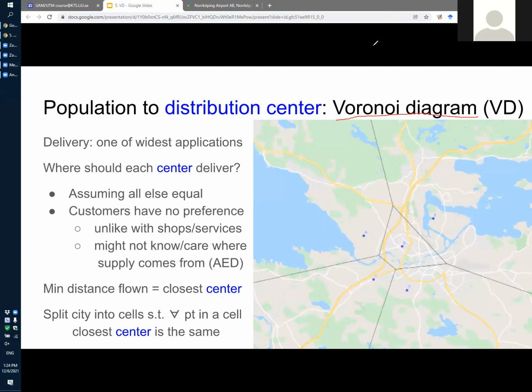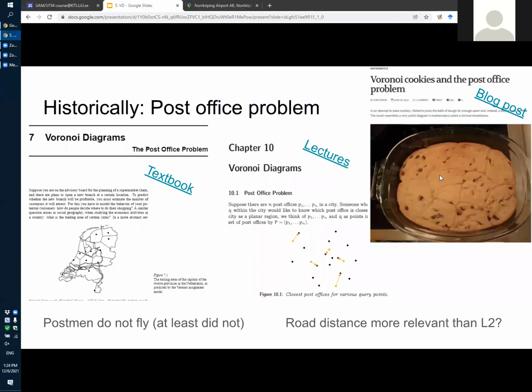So Voronoi is a name of a person, and Voronoi diagram is a very widely used tool in various domains, but in particular for this understanding of where should the areas for different service centers be. And it has quite a long history, the Voronoi diagrams. You can see it in many textbooks and lectures and even in blog posts.